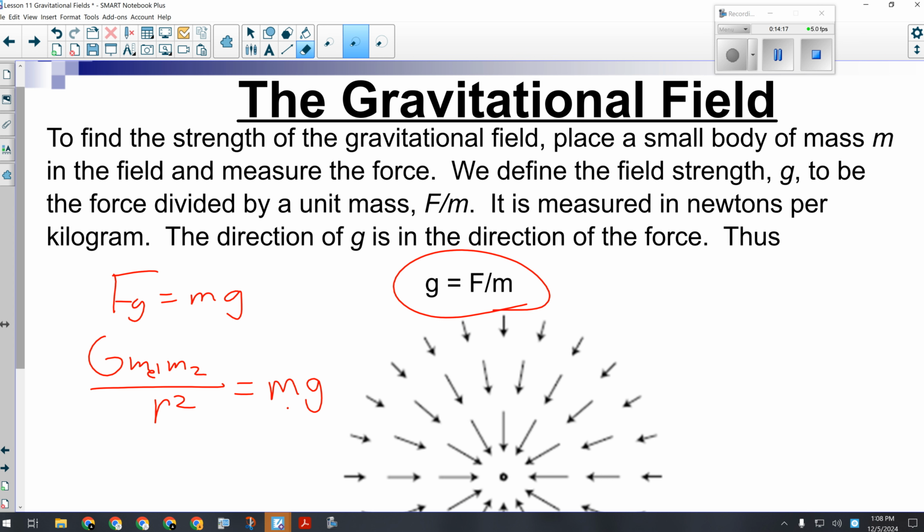The Earth doesn't really have weight compared to itself, right? So my mass cancels. Is that important? Because g is the same no matter what your mass is. g is only dependent on the big mass. That's the Earth.